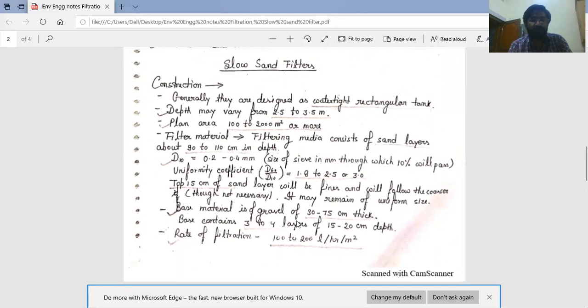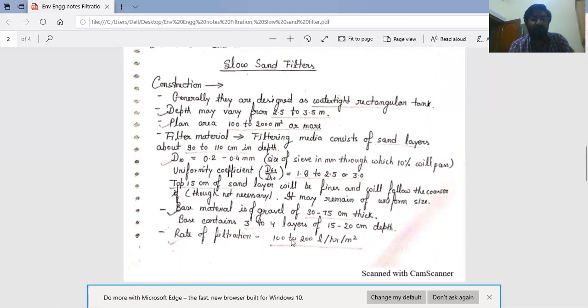Base material is gravel of 30 to 75 centimeters thickness. The base contains 3 to 4 layers, each gravel layer 15 to 20 centimeters in depth.